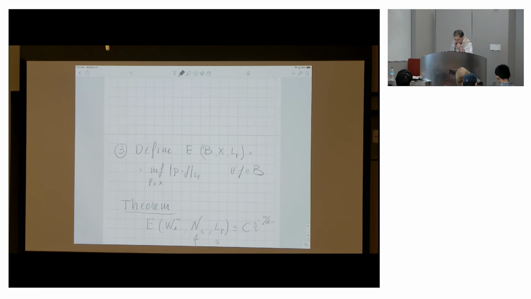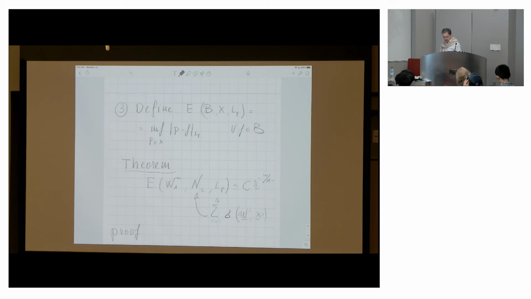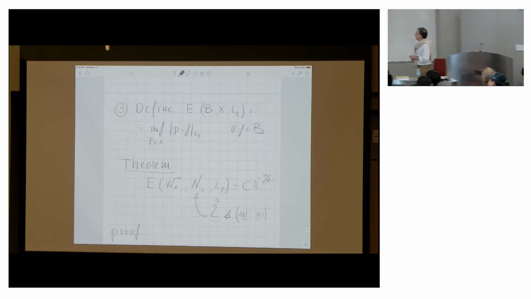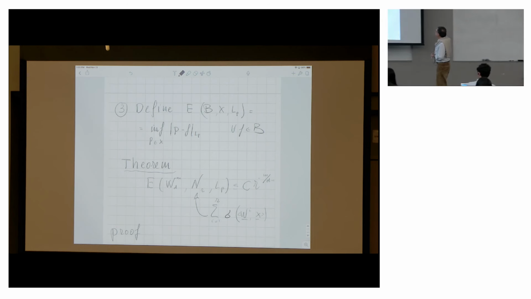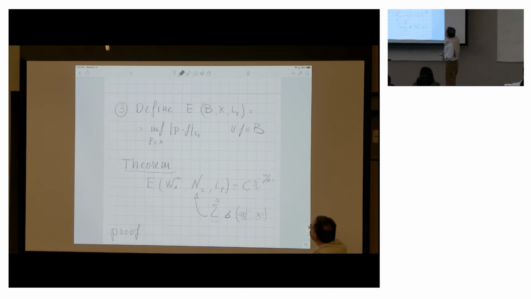Okay, so that's part 2, and the third part is the one of going from multivariate polynomials to Sobolev spaces.